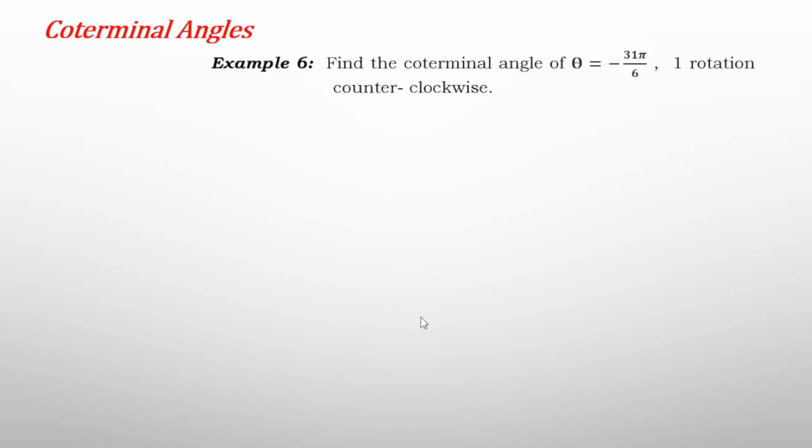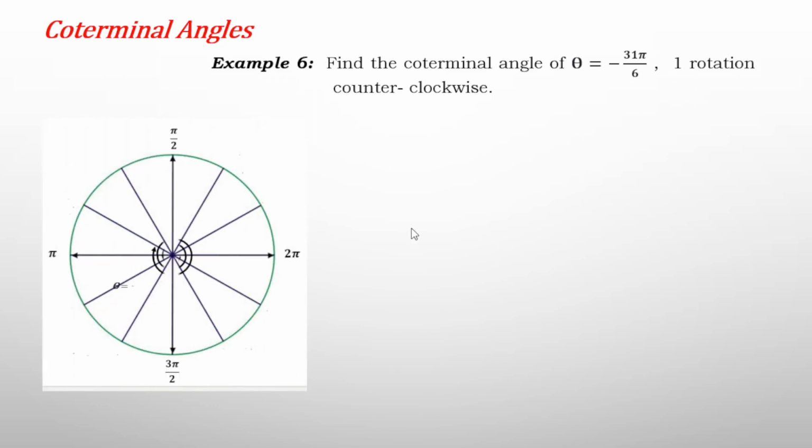Example number 6. Find the coterminal angle of theta, negative 31 pi over 6, having 1 rotation clockwise. So if we're going to graph now negative 31 pi over 6, this is now the rotation.